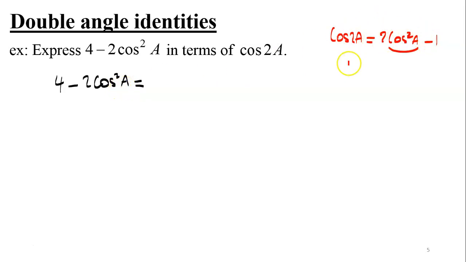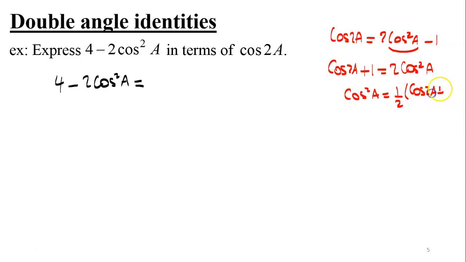So first I start by adding 1 to both sides. So that's 2 cosine squared a. And then solving for cosine squared a, that would give me half into cosine 2a plus 1. Now replacing cosine squared a here by this identity.